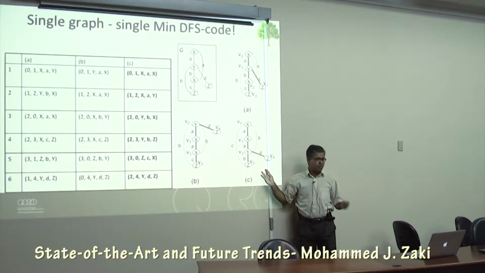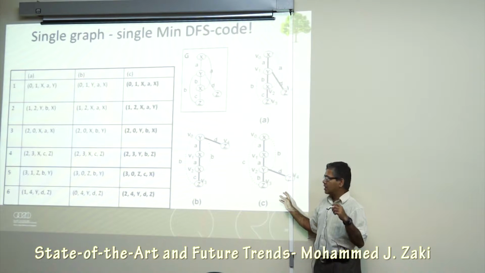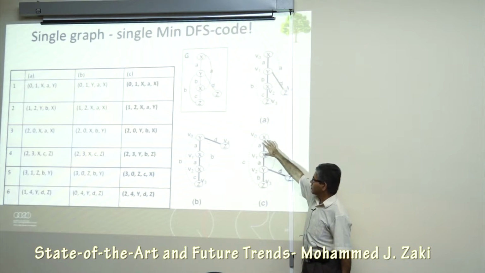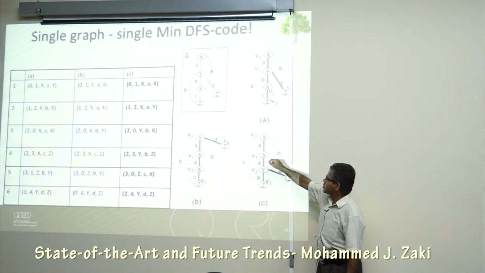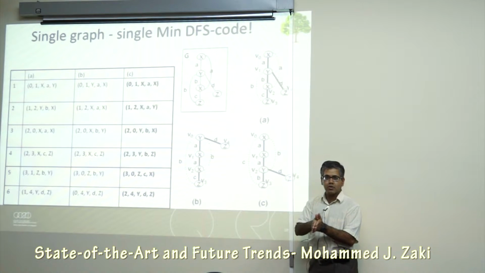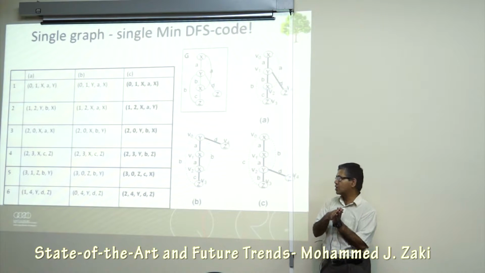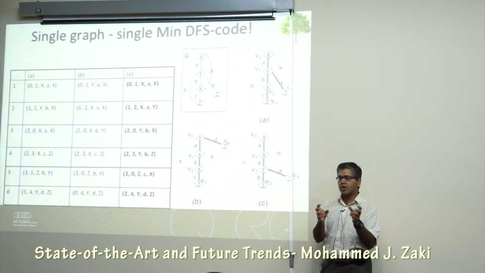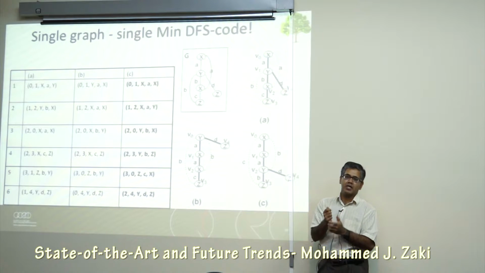Why is it minimal? Of course I haven't told you why it is minimal, but it has to do with this notion of when you compare labels and you compare the edges. You have to compare two things: you're either lexicographically smaller in terms of labels, or you're smaller in terms of some ordering of the edges.